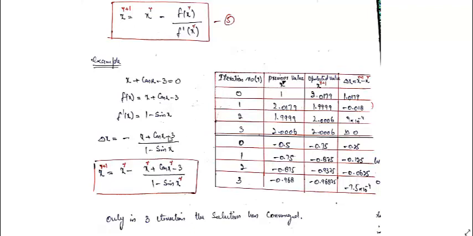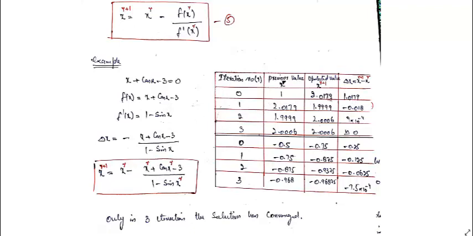When x is equal to 1, solving this, delta x can be calculated like this, and x r plus 1 will be equal to this, because x naught is equal to 1. So x r plus 1 is equal to this plus this.